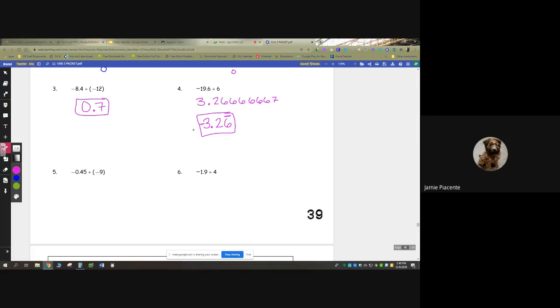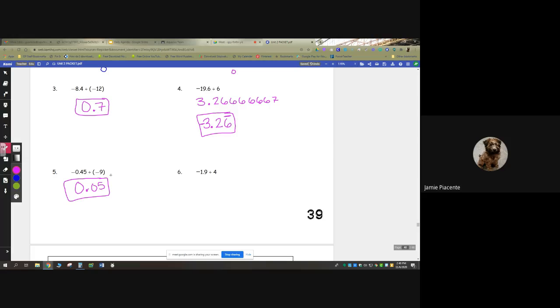Okay, let's look at 5. Negative 0.45 divided by -9 gives me 0.05. 2 negatives, so that ends up being a positive.